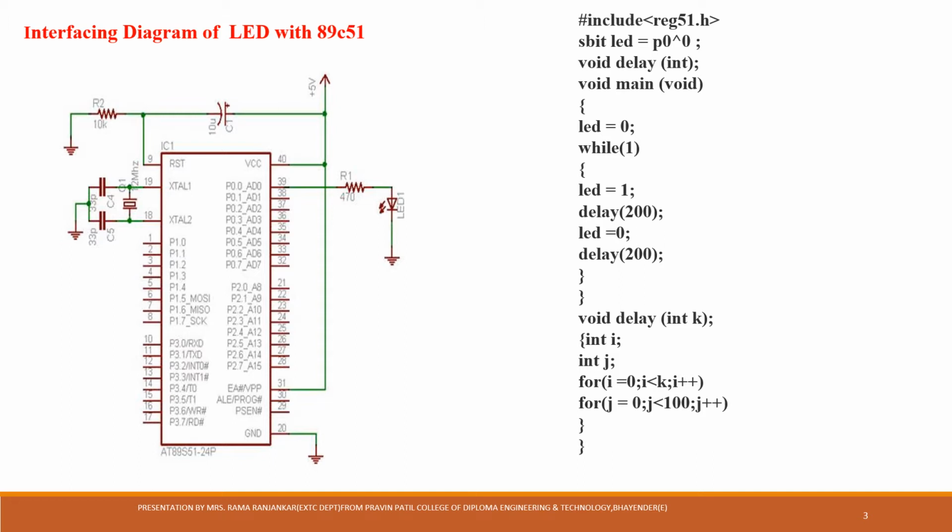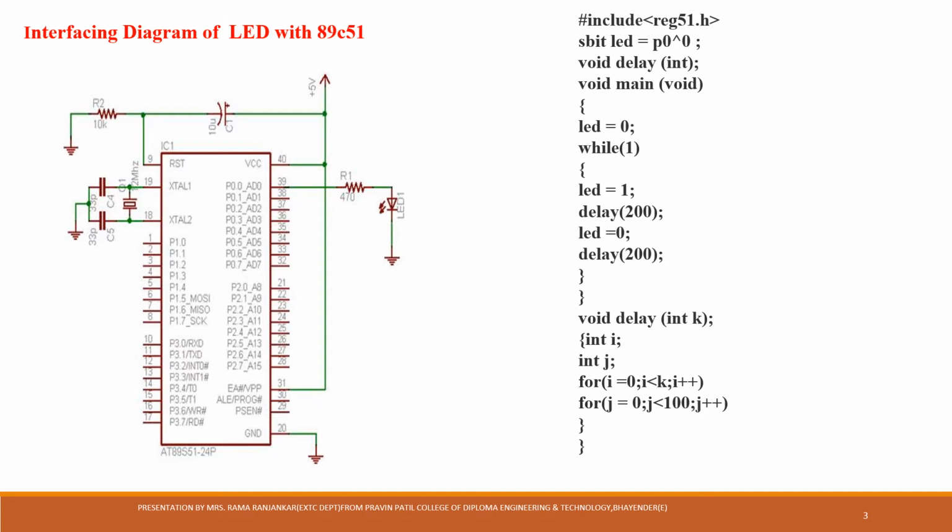Then you write the main program. In the main program, initially mention the status of the LED, so put LED equals 0 and then you start to write your program. Initially the LED gets on and remains on for some delay, so we put the value of delay equal to 200.